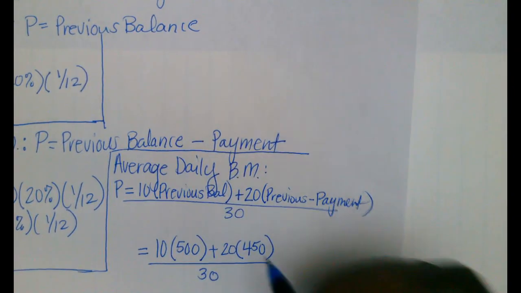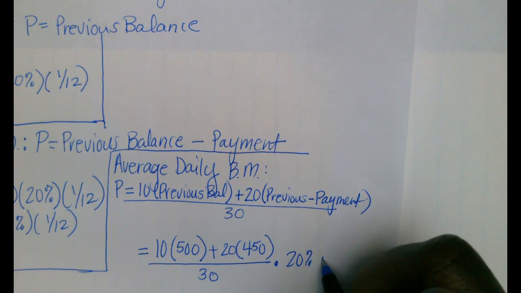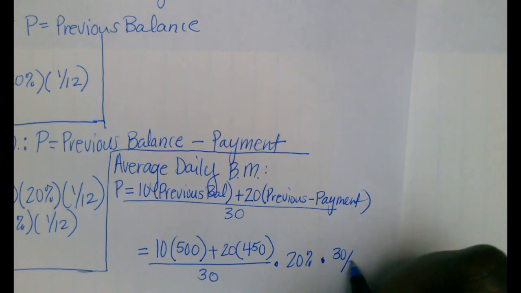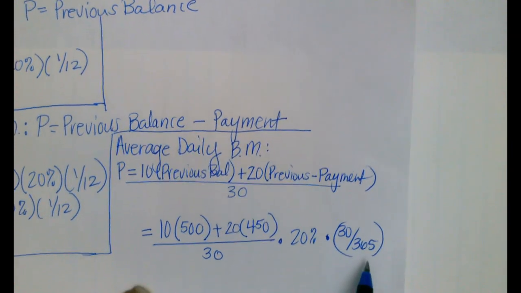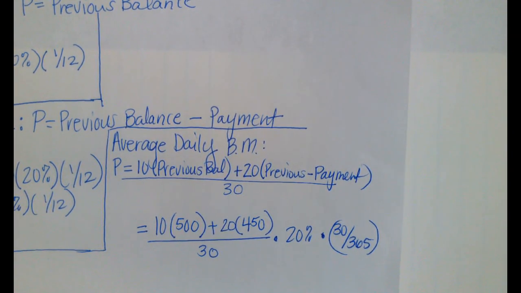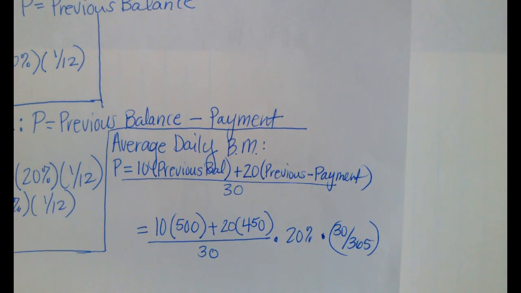And then we multiply by 20% times 30 over 365. So remember, we broke this down into days now. So since we broke it down into days, we have to break this year down into days. So interest, I equals PRT, deals with years. Even if it's a part of a year, it deals with years.